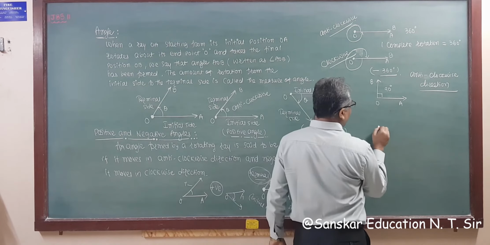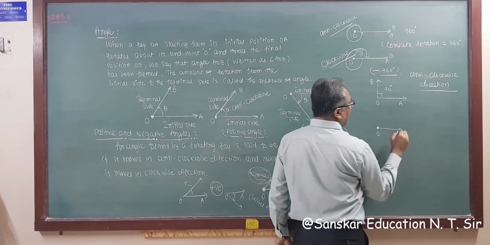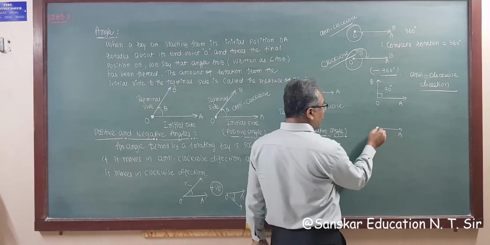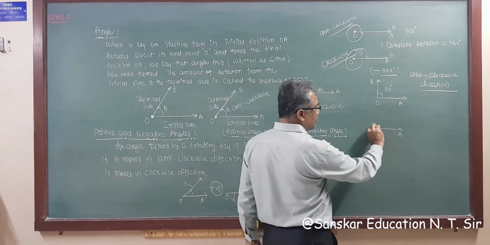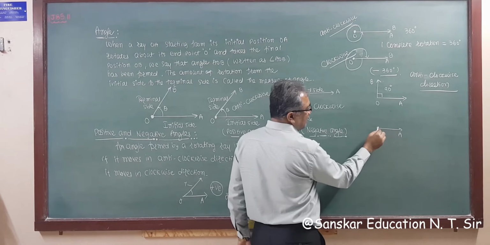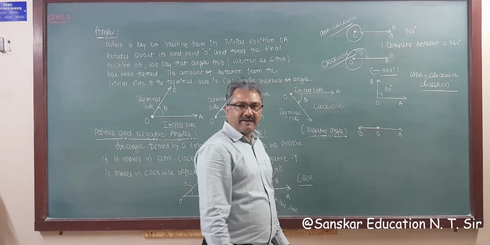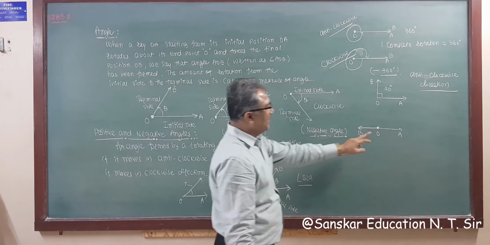Suppose starting from here, this is your initial point, OA is the initial ray, right? And we move this ray up to here, and this is your final position. Then OB is the terminal side, and this is your initial side.